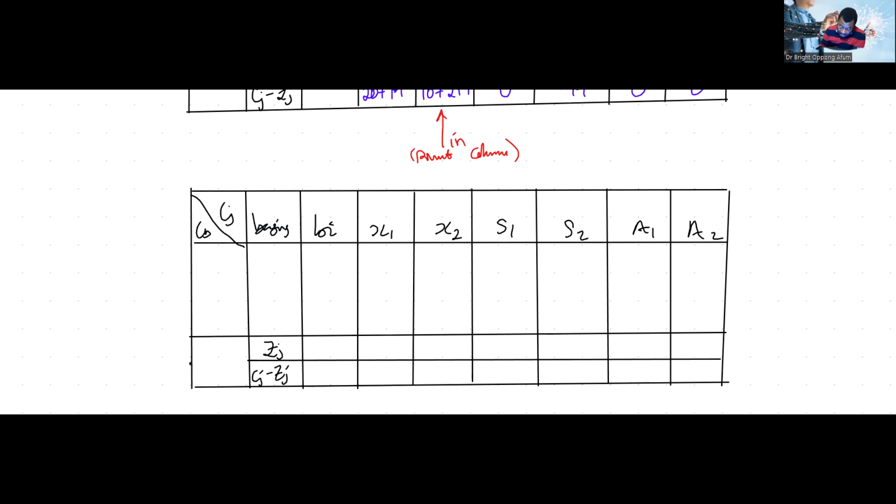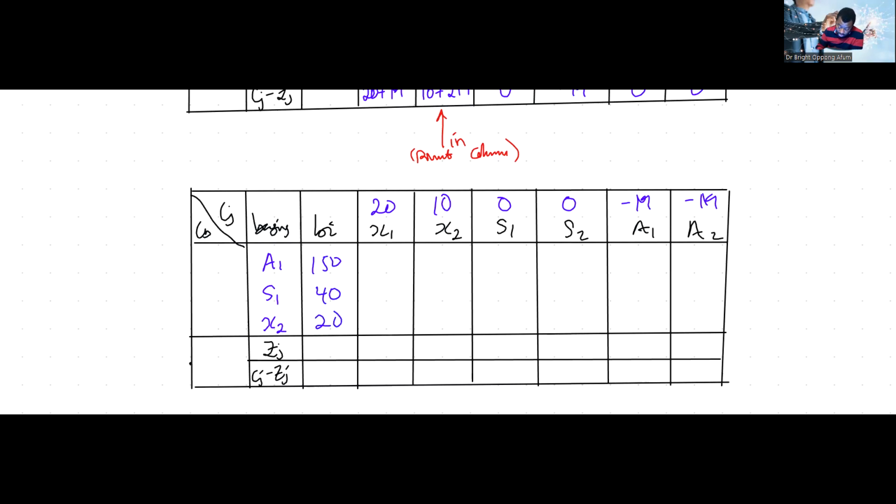We still have A1 in solution. We have S1, and A2 has been replaced with X2. So the coefficients here are 20, 10, 0, 0, negative M, negative M. So I have my 150 here, 40, 20.